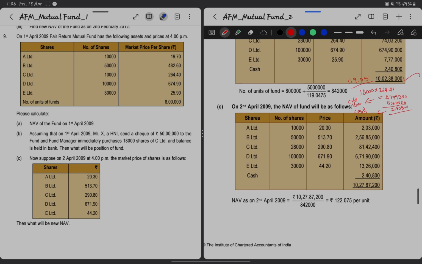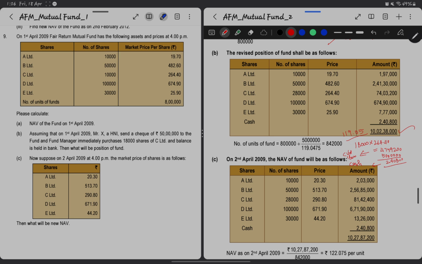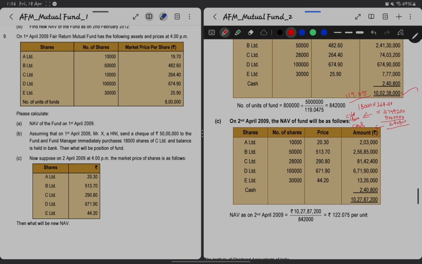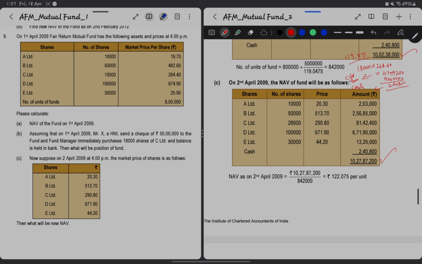Now the third requirement is: suppose on 2nd April 2009 at 4 pm the market price of shares is as follows. So they have given the revised market price of the shares. Now if we multiply the current holdings with the revised prices, we'll get the revised net asset value, which is coming to 10 crore 27,87,200.